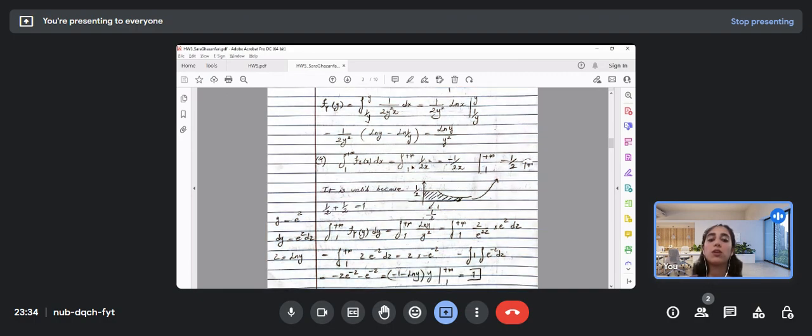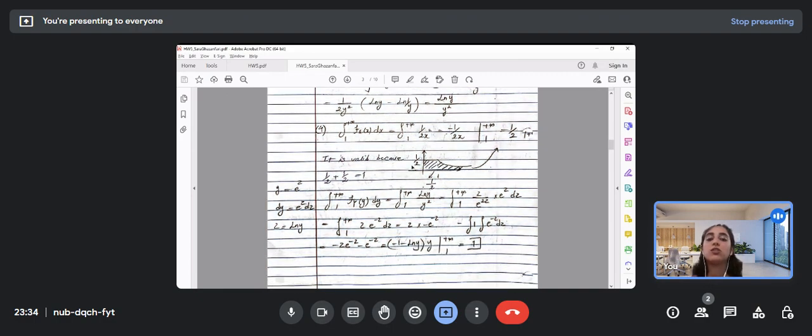In part 4, we are asked to verify whether these marginal density functions are valid or not. A density function is valid if its integral from minus infinity to plus infinity is equal to 1.